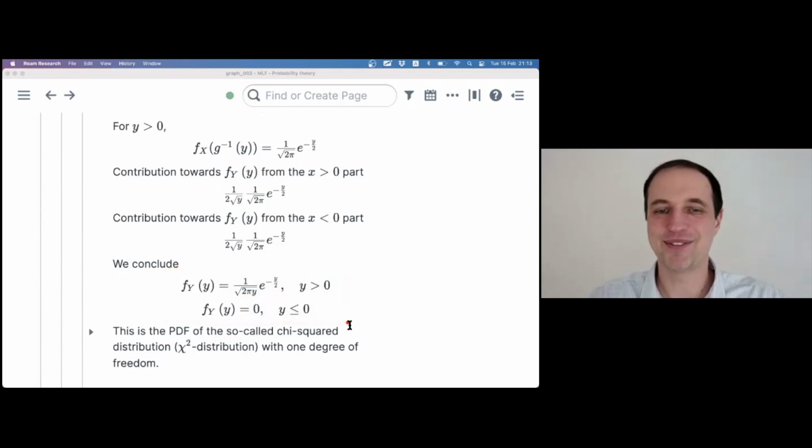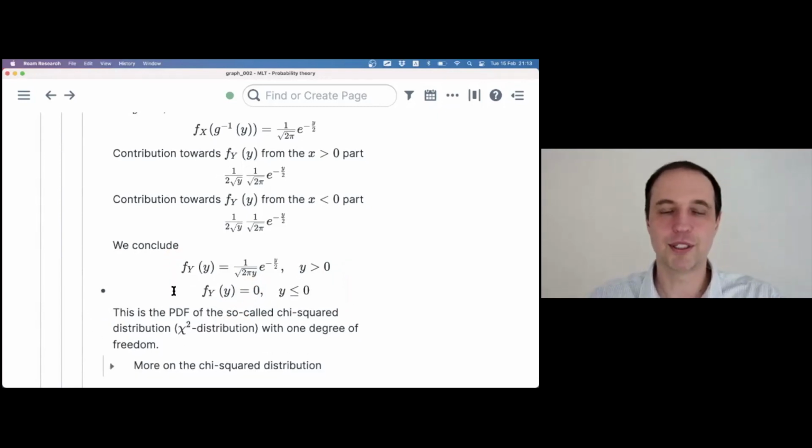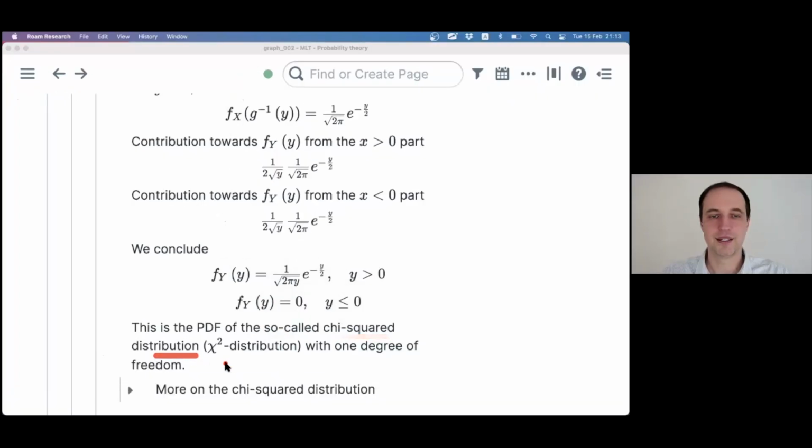Maybe I should not have attempted the computation here because we had too little time. But let me point out one more thing, which is that the transformed distribution has a name. This distribution of y with this particular PDF is the so-called chi-square distribution with 1 degree of freedom.